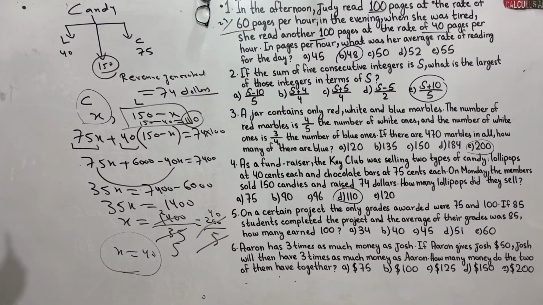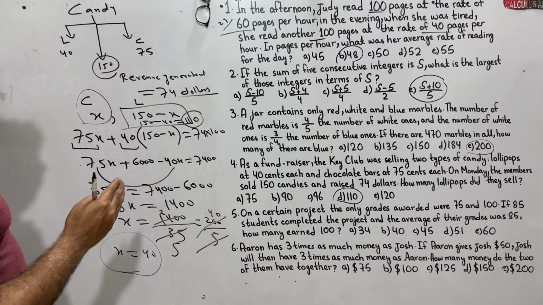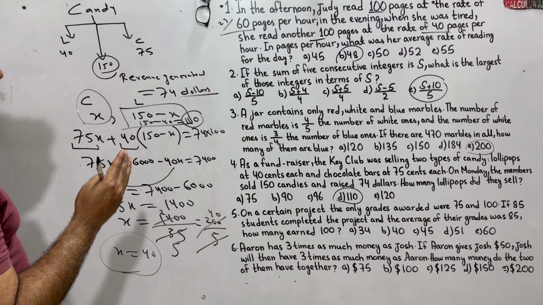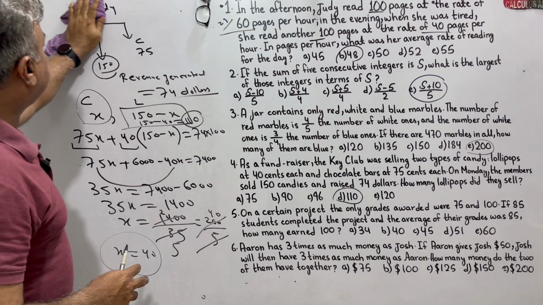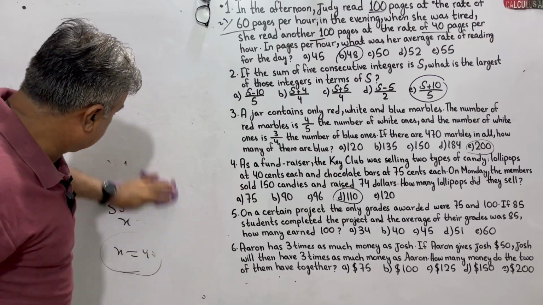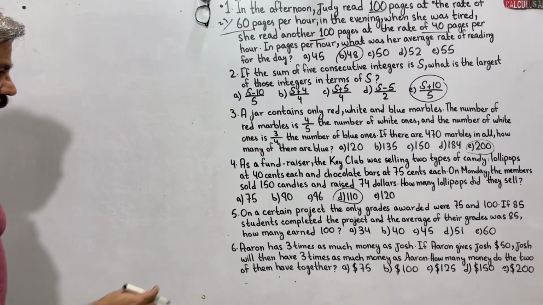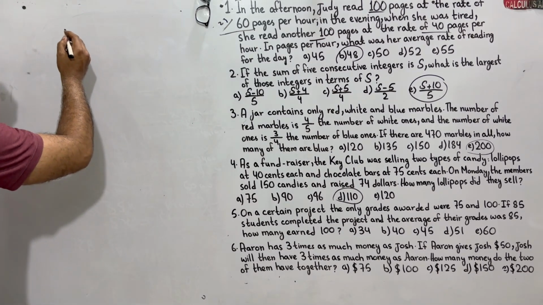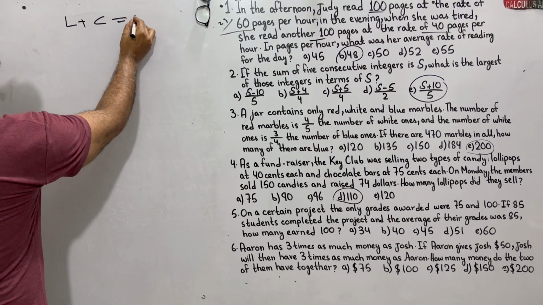If you want another strategy, solving separately for chocolate bar and lollipop, let me solve this for you in two dimensions. They are total 150 candies, so I have lollipop plus chocolate bar.